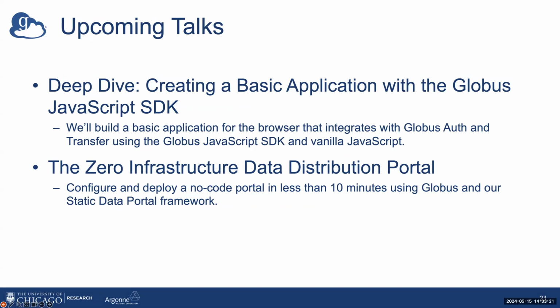We'll do another presentation where we go from nothing to having that portal configured with your collection, a new application. And we'll try to do that in another 10 minutes. I think my record speed is about 5, so I added a little buffer based on how good I am at estimating. But we definitely plan to have more conversations about JavaScript within the research community and Globus as a whole. So look for those.